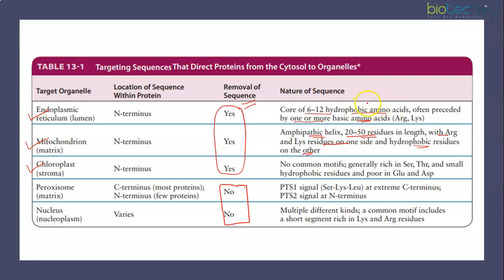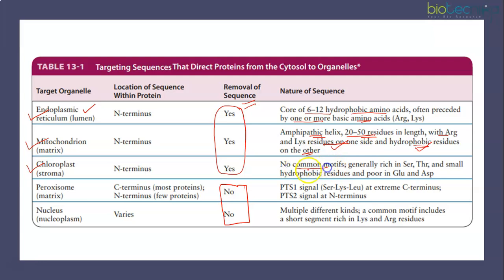So in the endoplasmic reticulum, hydrophobic amino acids are preceded by basic amino acids, but here, one side has basic amino acids and the other side has hydrophobic amino acids. The chloroplast signal is also N-terminal.